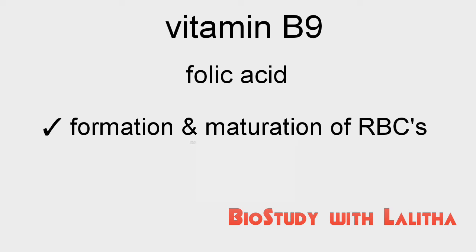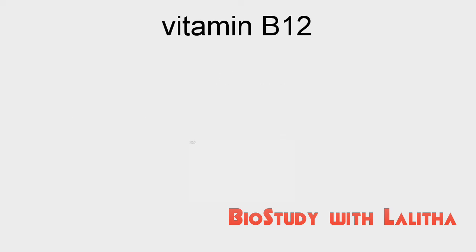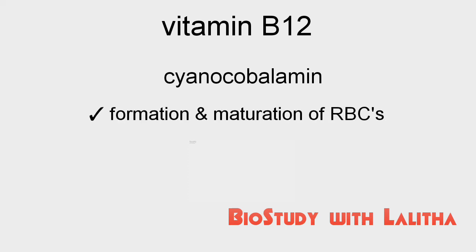Deficiency of this vitamin leads to the condition called anemia. The next vitamin is vitamin B12. This is chemically called cyanocobalamin. It helps in formation and maturation of RBCs, and deficiency of this vitamin may lead to the condition called anemia.